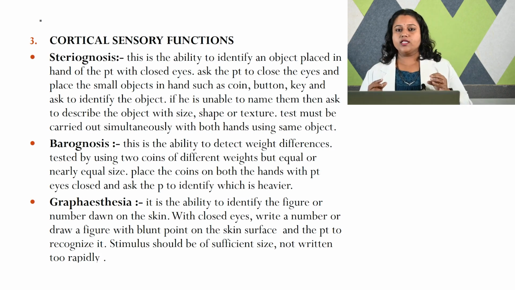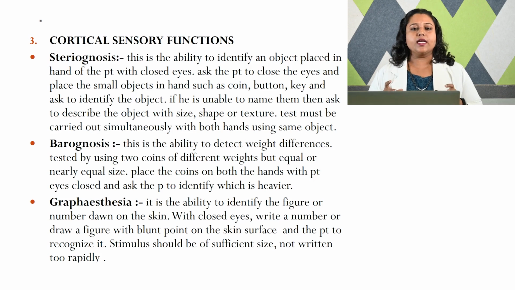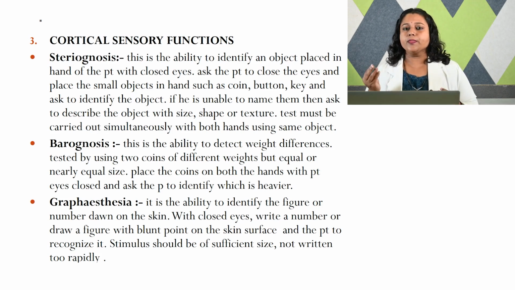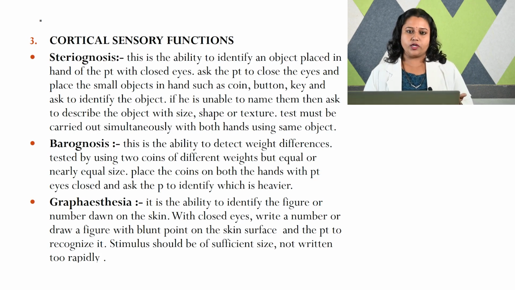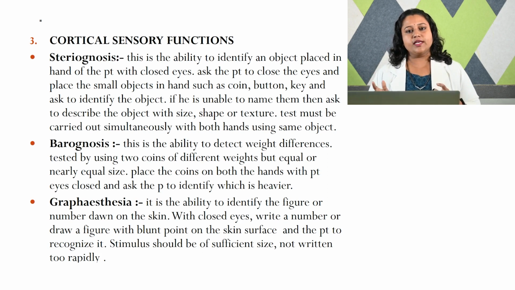You can take coins or small stones with different weights. Keep the different weights on the two hands and ask the patient to identify which object is heavier. Perform the same test bilaterally and equally.